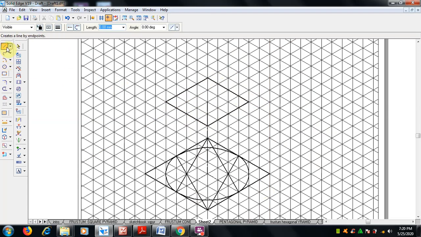Again you have to draw this ellipse here. How to draw? From here to the midpoint of this, and from here select this midpoint, and on the opposite side select this and up to this midpoint, and from here the midpoint of this line.